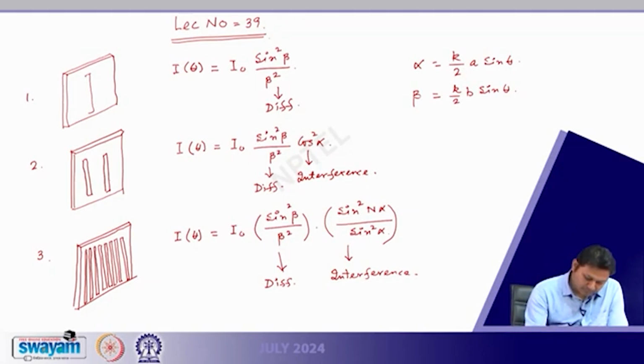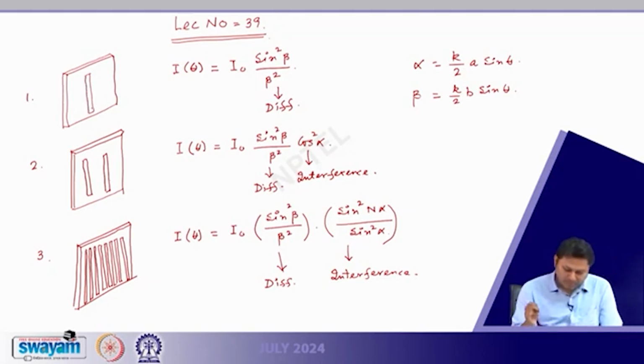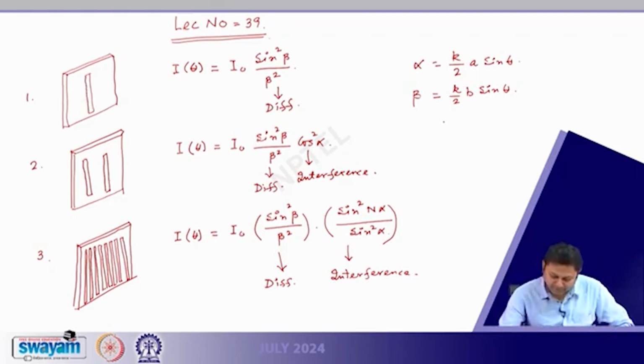So if I draw slits, for example 2 slits, this is the structure.